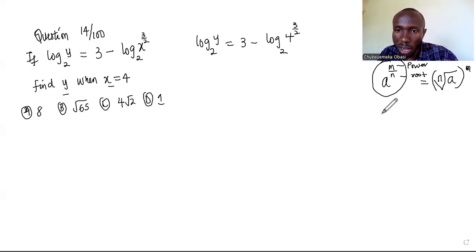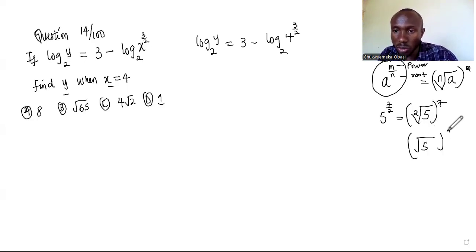So in other words, if I have, let's say, 5 to the power 7 over 2, this becomes the square root of 5 all to the power 7. This is another way you can write it. Actually, this is the same thing as square root, but it is tautology to write 2 here. But anyways, it's fine. You get it, right?